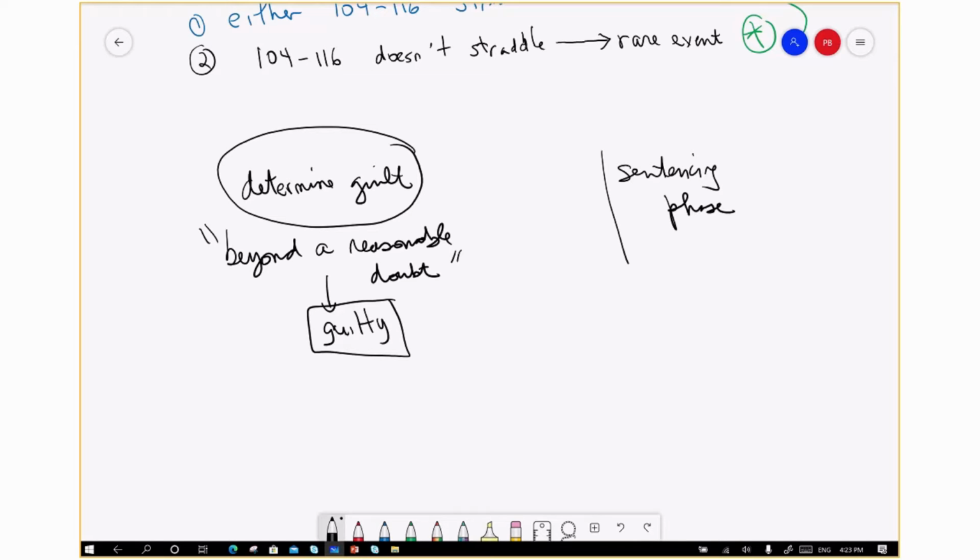At the sentencing phase, there is no longer any question in the mind of the sentencing judge of innocence or guilt. Guilt has been determined.